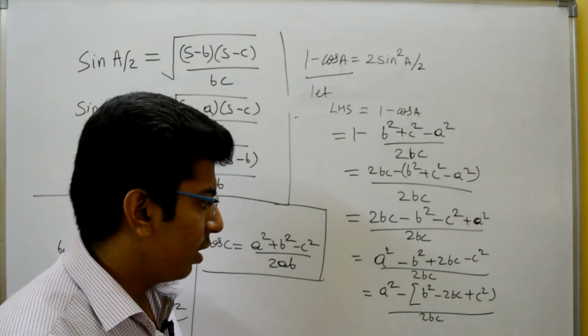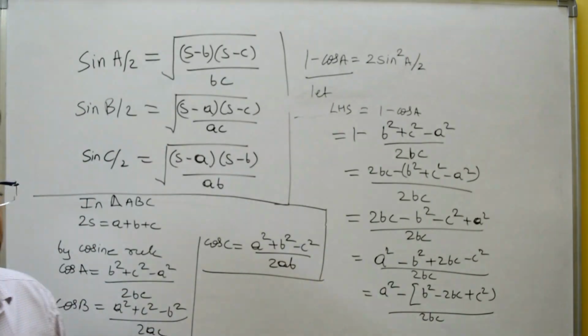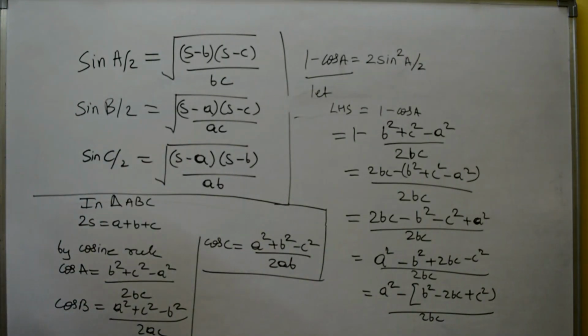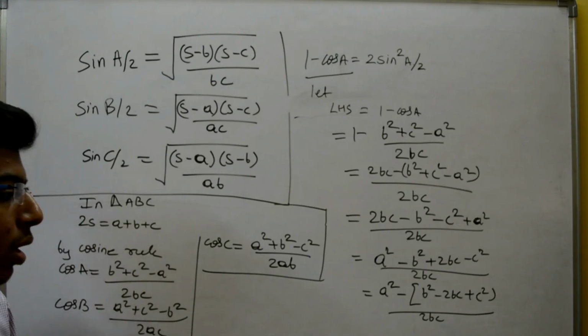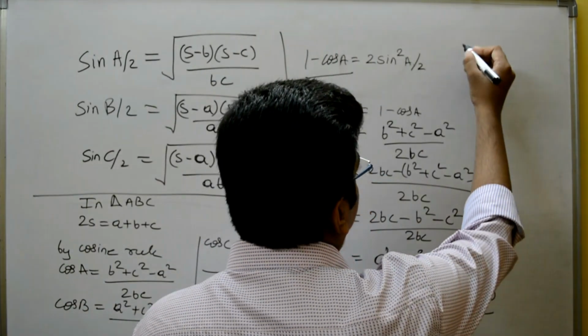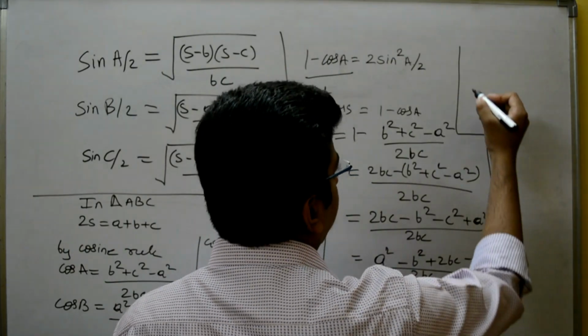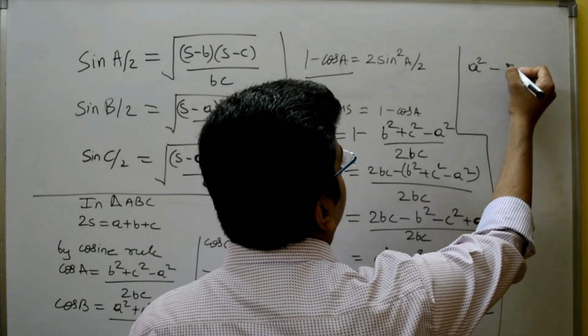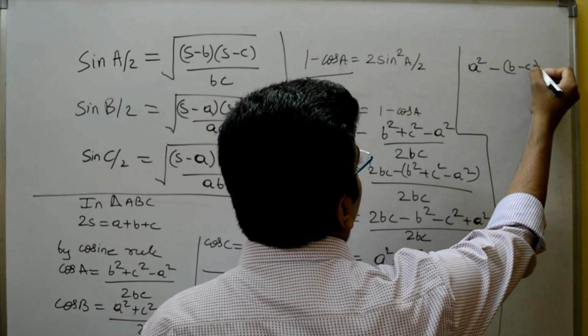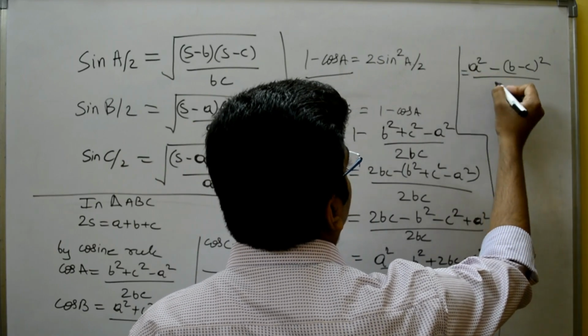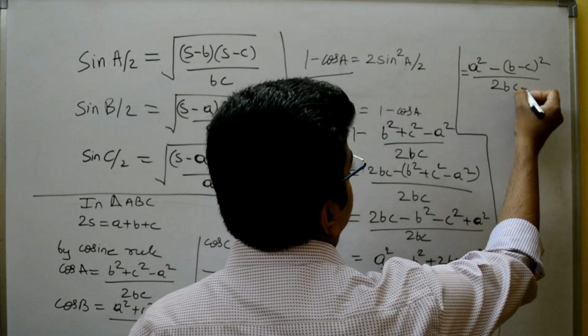But look at this formula. It is actually the formula for b minus c whole square. So replacing it, a square minus b minus c whole square upon 2bc.